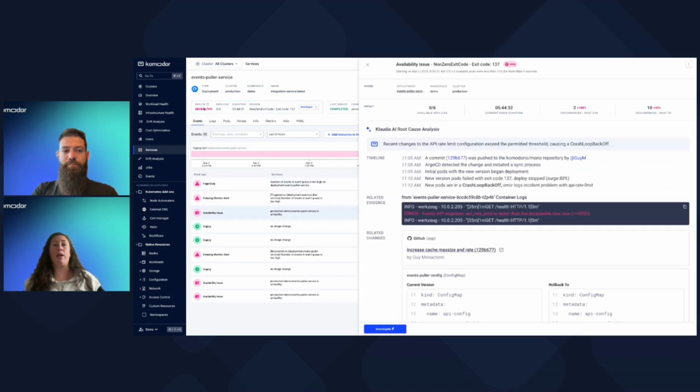So going into the unhealthy area here shows us what Komodor can offer. You can see that you have 0 replicas available of that service. You can see that the issue is going on for the last 5 hours.